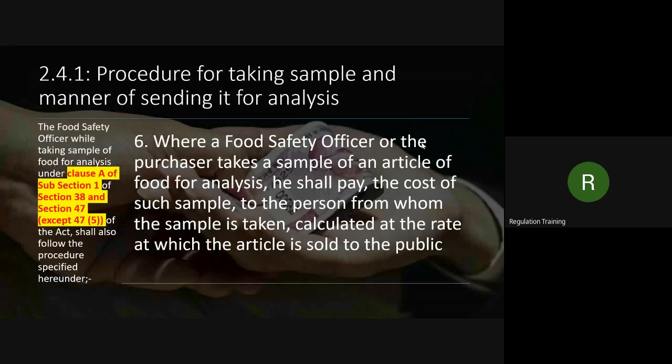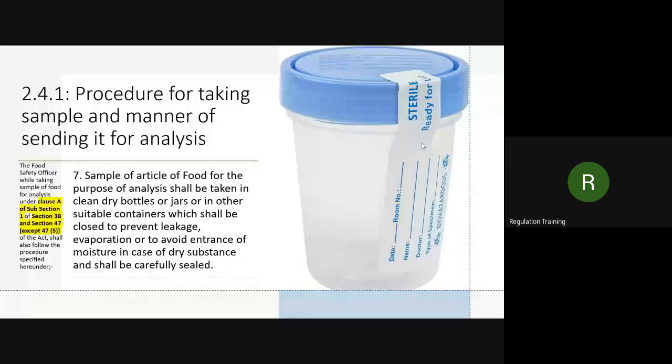So let's say you have collected from the wholesaler, then you pay as per the wholesale rate. Suppose you have taken a sample from the retailer, then you pay the retail cost, the MRP rate. So that is the simple meaning of this.